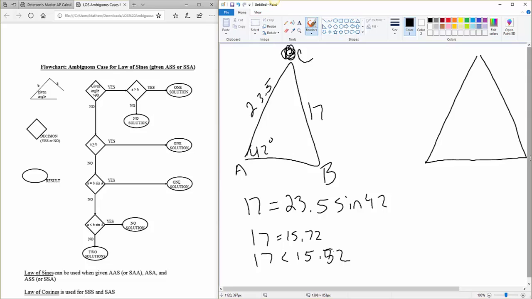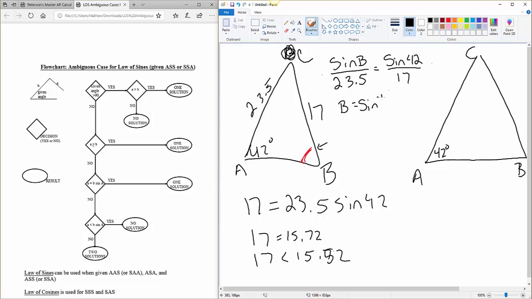So the only angle that I can find right now is angle B, and then to find my new angle B, so I find everything normal, C and then B. So first I want to find my angle B here, so that'll be sine B over B equals sine A over A. So when I get B by myself, that's multiplying both sides by 23.5, and then take the sine inverse.